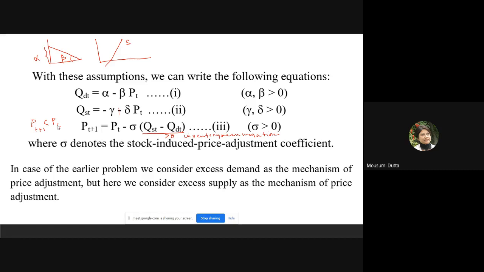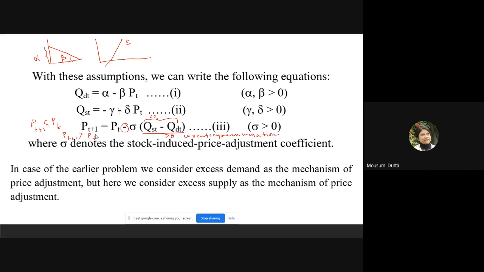On the other hand, if this QST minus QDT term is negative, that means demand was greater than supply in the last period. This sign will be positive. So PT plus 1 will be greater than that of PT.